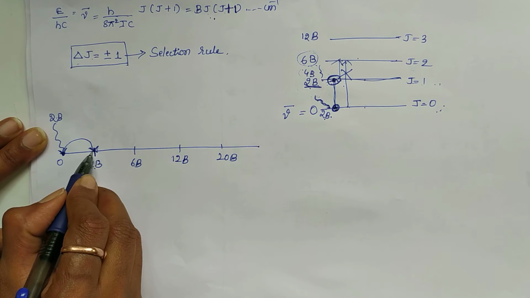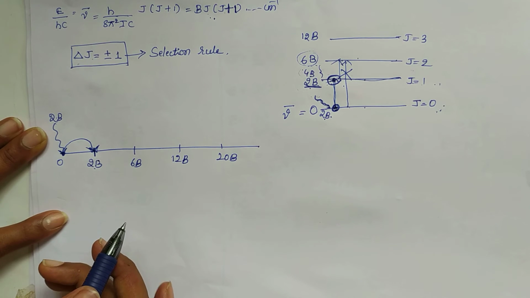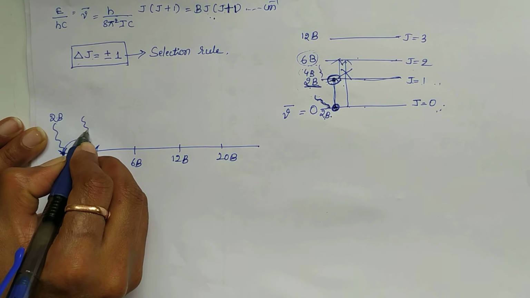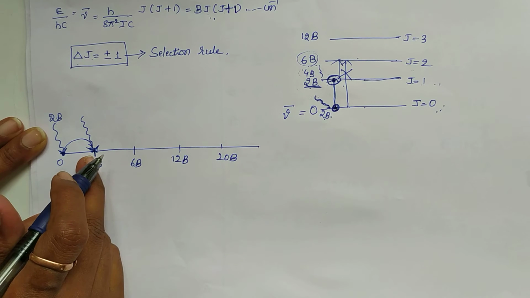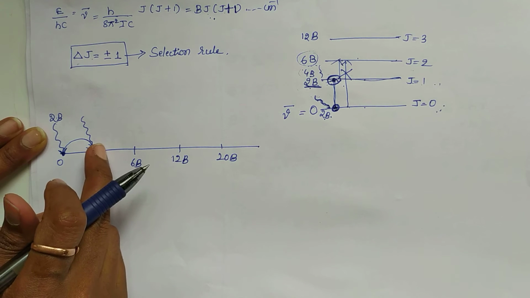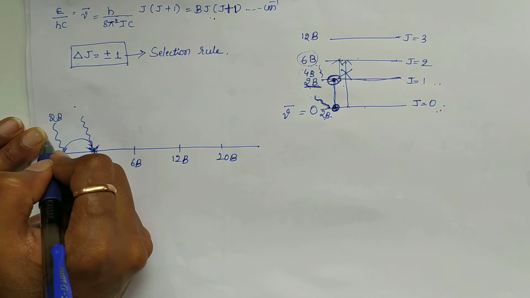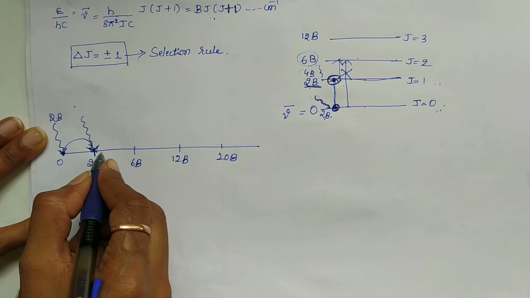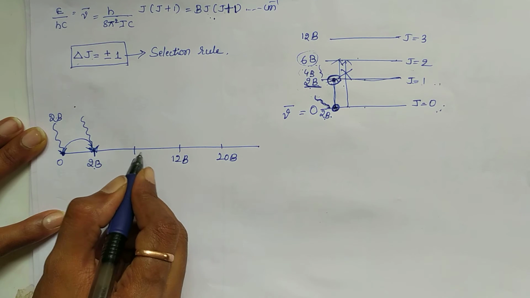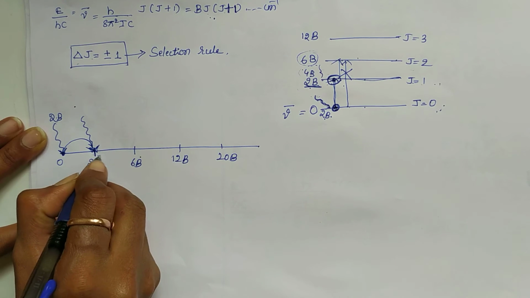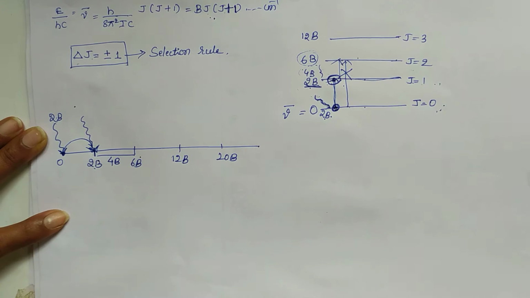Again, the molecule which is in the first energy state, if you interact with it with an electromagnetic wave, how much energy difference is there in order to go to the next energy level? The difference between these energy states is 4b.